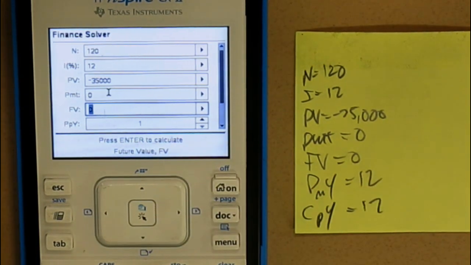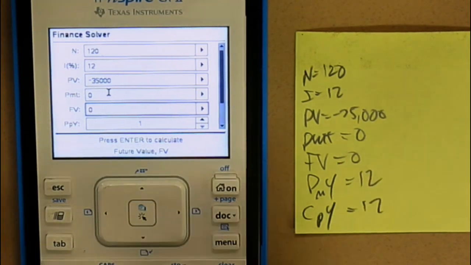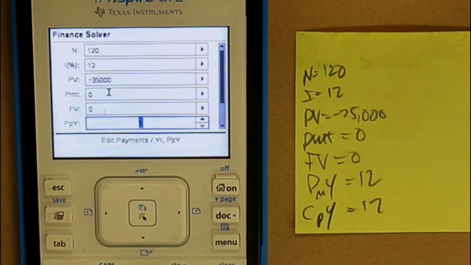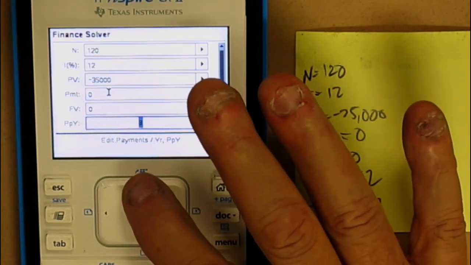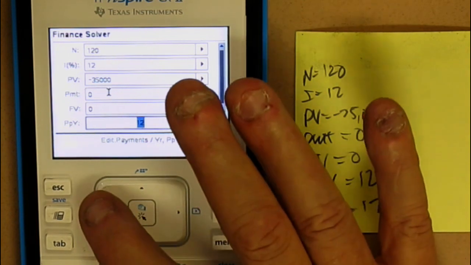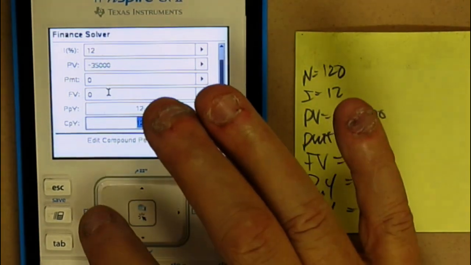What is that going to be? It's 0. When we pay off the loan, it no longer has any money. It's a 0 loan. Payments per year is 12. So we're going to go ahead and increment that up to 12. Let's scoot down. Now that one automatically shows up as 12, so we're good there.